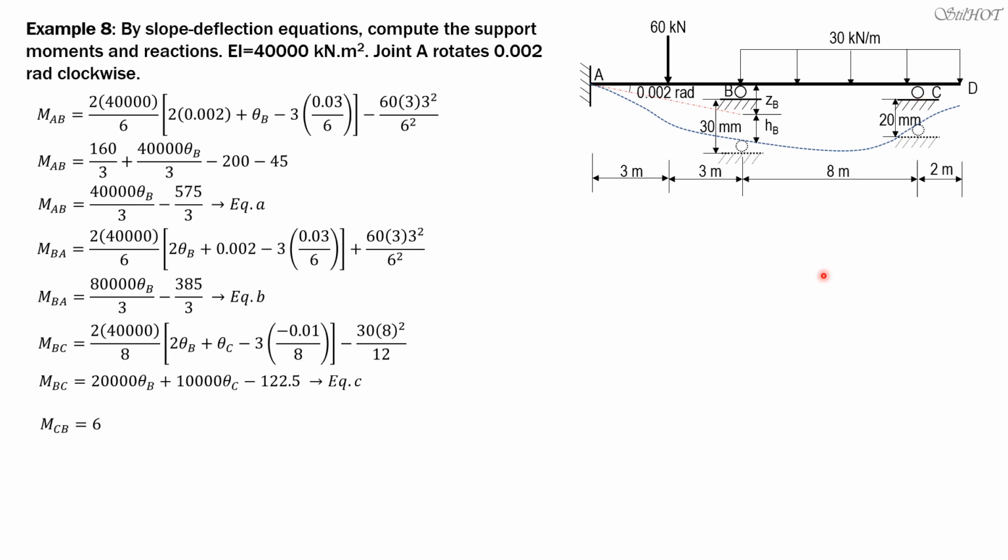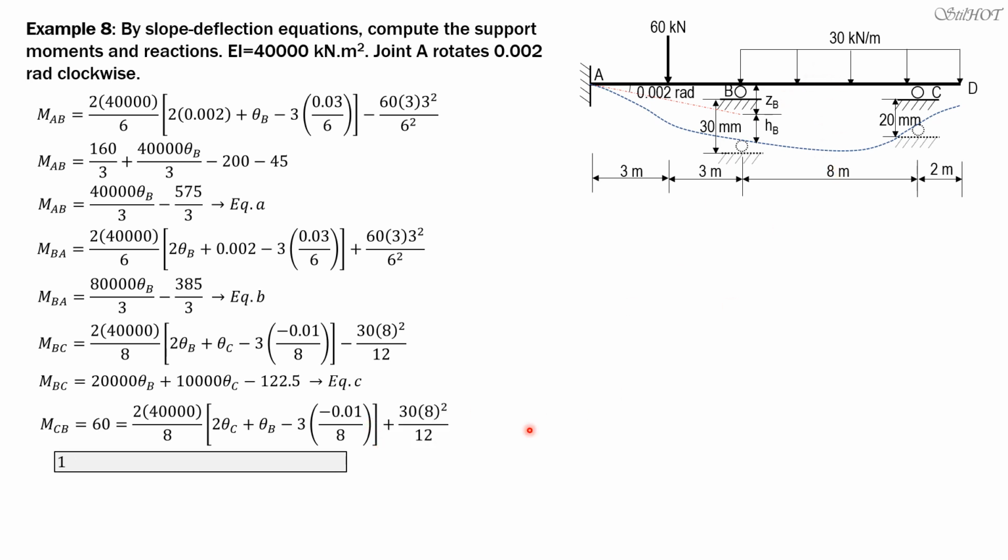So moment CB is 60 equals 2 times 40,000 over 8, quantity 2 theta C plus theta B minus 3 times negative 0.01 over 8 plus fixed moment positive 38 square over 12. So simplifying this equation, combining like terms, we'll have 10,000 theta B plus 20,000 theta C equals negative 137.5. Call that equation 1. Then we apply equilibrium at B.